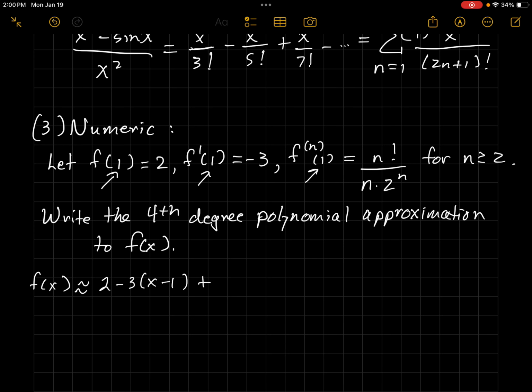I know that the second derivative at 1 is going to be, I'll write it up here as f2, parentheses of 1. So I substitute 2 for every n, so I have 2 factorial over 2 times 2 squared, and then x minus 1 squared. But don't forget, we have to divide by 2 factorial.